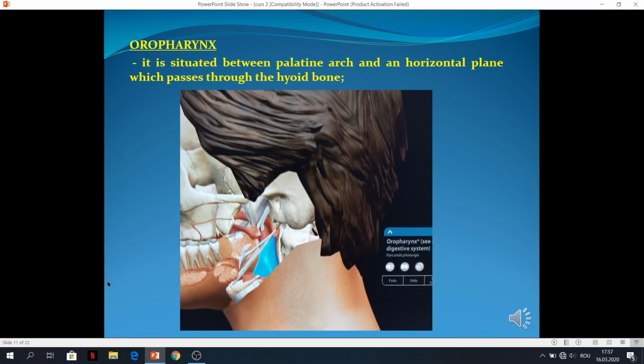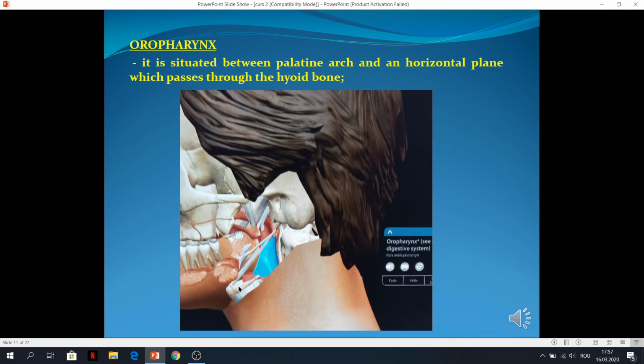Let's take the second part, the oropharynx. The blue part is behind the mouth, behind the oral cavity. That's why oropharynx. It is limited by the palatine arch right here. And inferiorly, it's an imaginary line which passes through the hyoid bone.